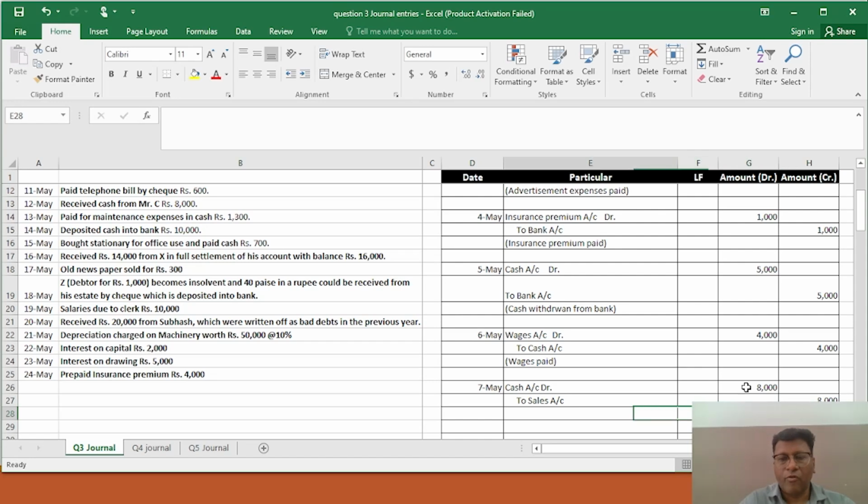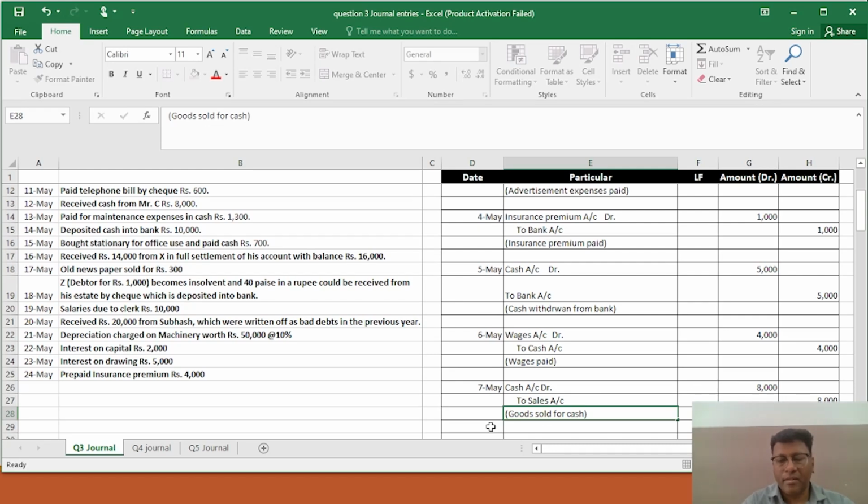And what would be the narration? Narration would be goods sold for cash, because there is no mention of any particular party's name, and it is given that you are selling the goods for cash, so you have to write it as a cash transaction.